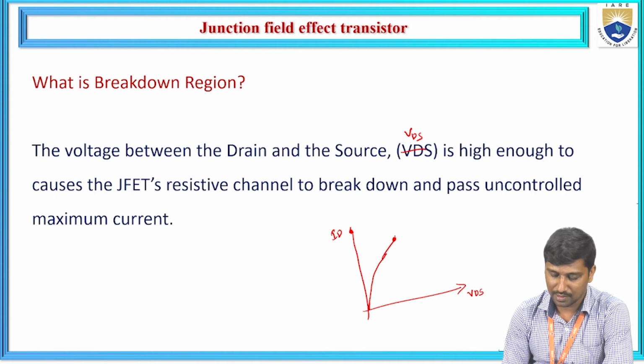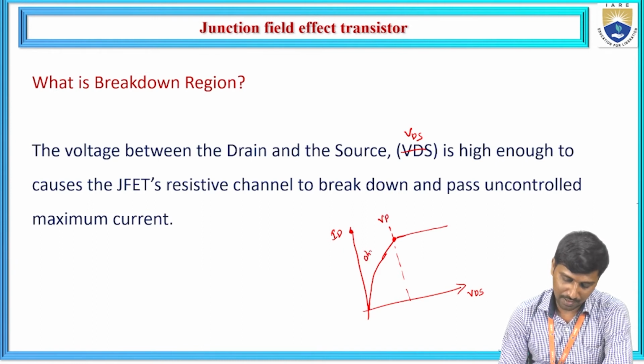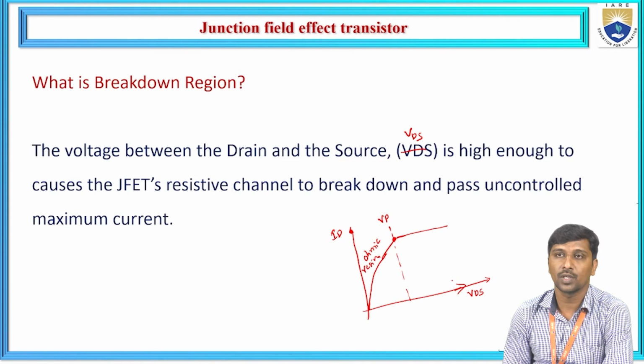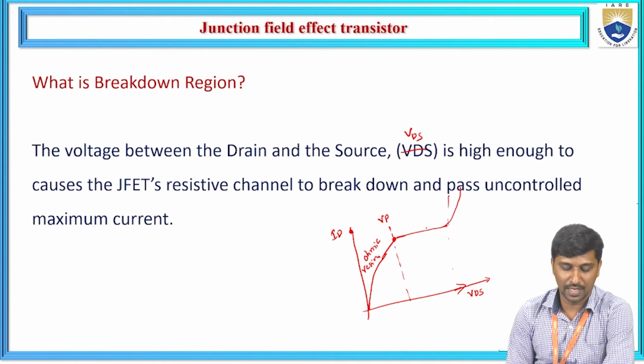Let us take this as the maximum current at the pinch-off voltage, and this point is called the pinch-off point, and this region is the ohmic region. Then if we go on changing VDS, a breakdown will occur. If a breakdown occurs, there is no control of the drain current. That region is called the breakdown region.